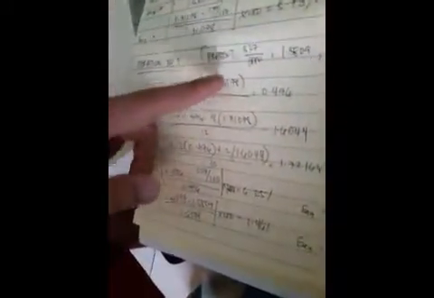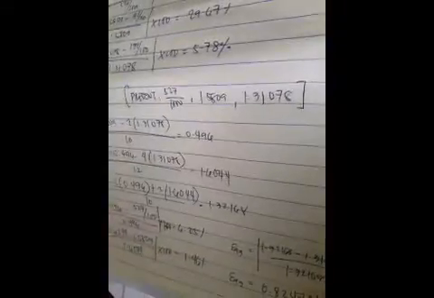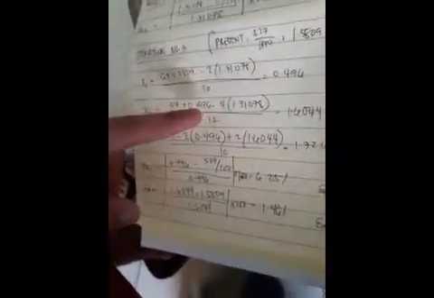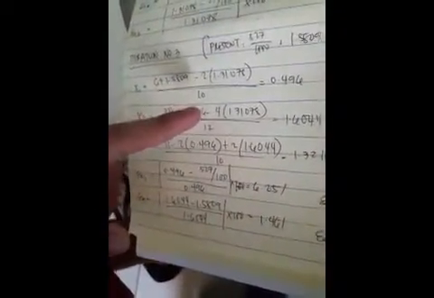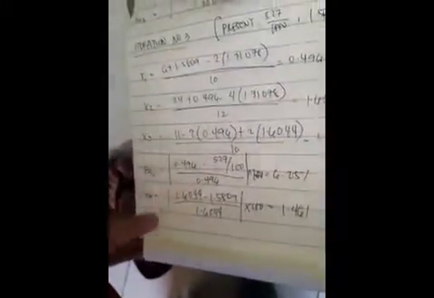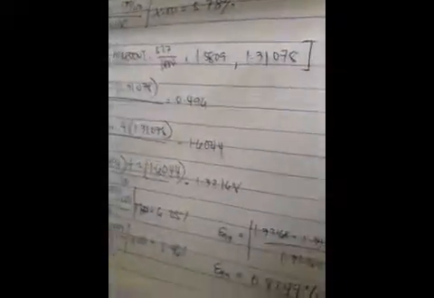For iteration number 3, using the same equations, we substitute again the values we obtained from iteration number 2. So the present values are 527 over 1000, 1.5809, and 1.31078. As we substituted the values, x1 is 0.496, x2 is equal to 1.6044, and x3 is equal to 1.32168.